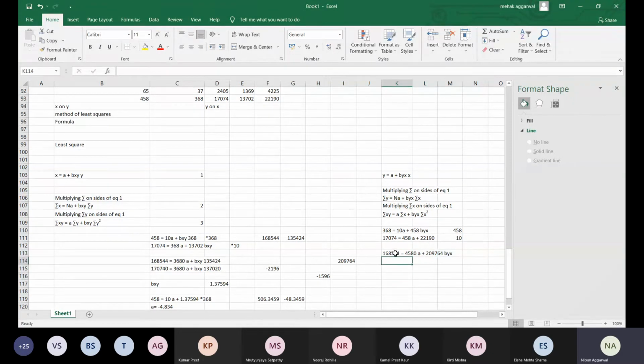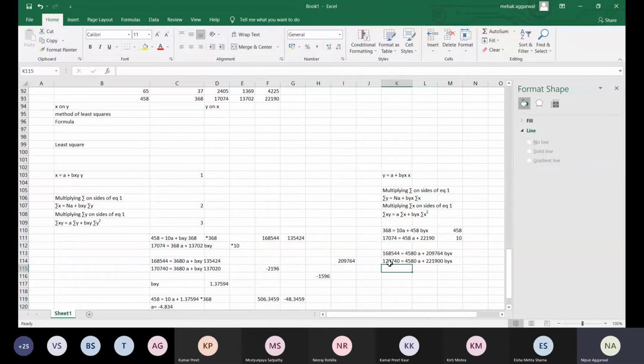Now the second is multiplying with 10. So this becomes 170740 is equal to 4580a plus the summation x square value 22190 into 10, which becomes 221900 byx.